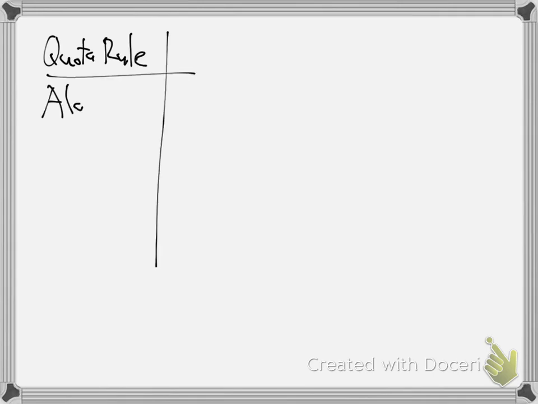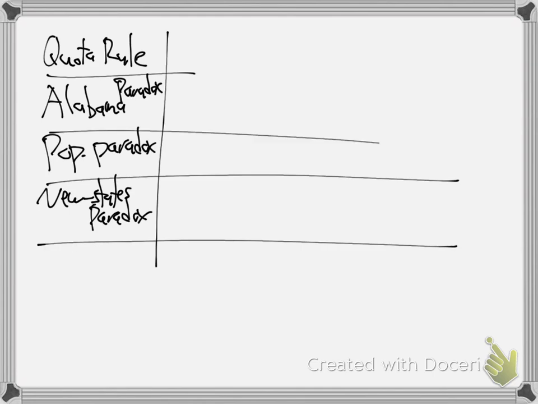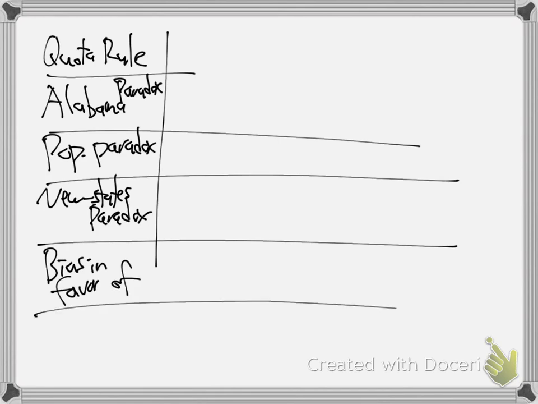The Alabama paradox, the population paradox, and what was the third one? The new states paradox. And bias in favor of. These methods are biased a little bit, and I'll show you how they are.